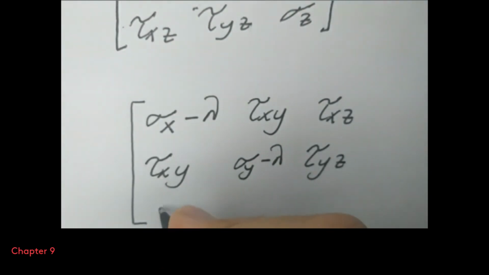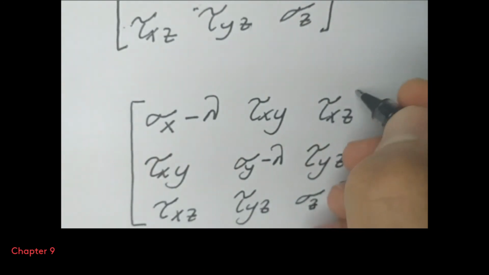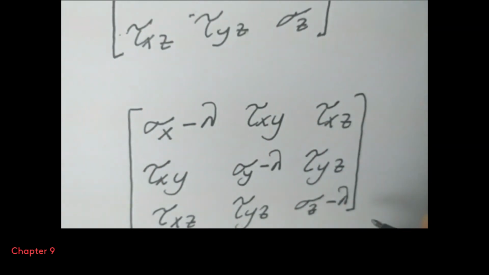Setting the determinant of this matrix equal to 0 will give us the characteristic equation.